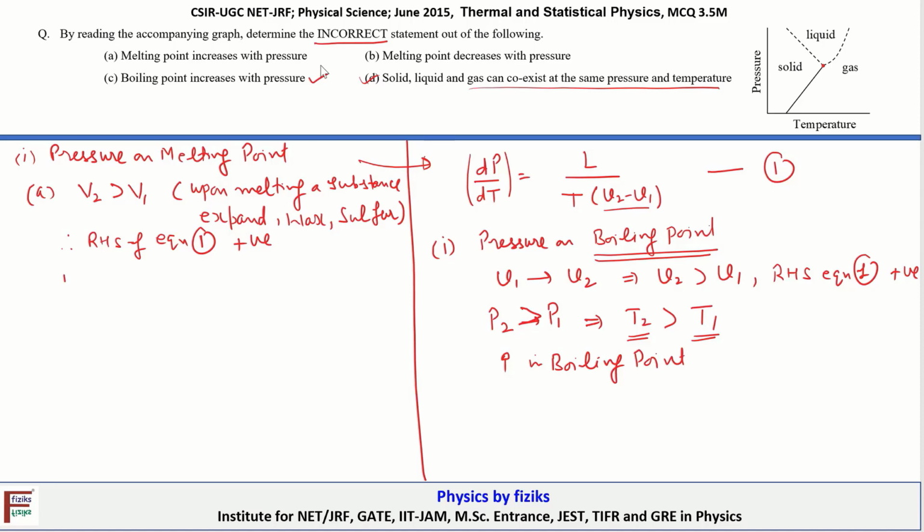So if the final pressure is larger than the initial pressure, this ensures that T2 is larger than T1. So for such a substance which expands upon melting, the melting point increases with increase in pressure.